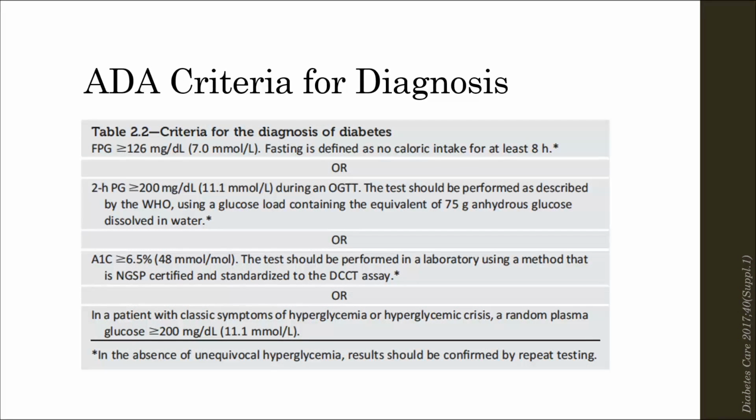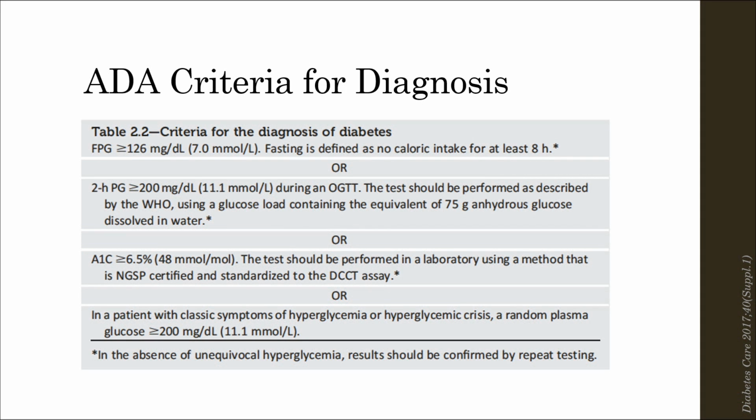And so we'll go through what some of those classic symptoms are in a moment. But any patients that have any of those classic symptoms and they have a little bit elevated glucose level, they're going to be automatically diagnosed. Now, unless the patient has unequivocal hyperglycemia, then these tests should be repeated. So for instance, they may have an okay blood sugar level.